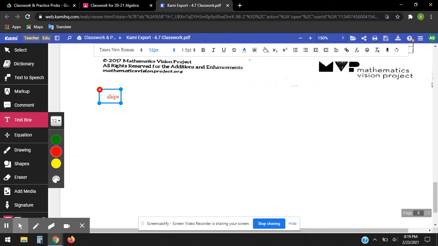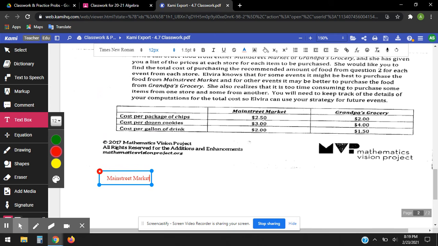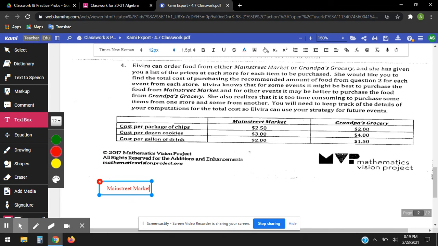Actually, I'll do this slightly different. I'm going to do Main Street Market at first. And I have the list in front of me, so I'm going to go ahead and look at that. You guys might want to look on your paper so I don't have to keep scrolling up and down.